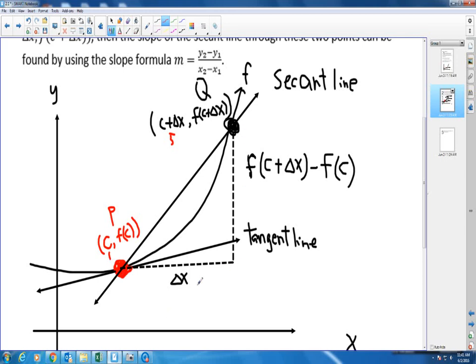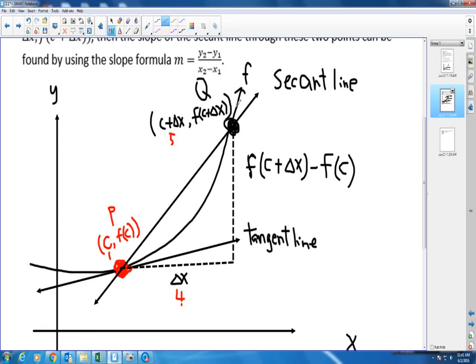We have to take 1 plus the difference, which is the 4. That's why this x value for the other point comes from the original x value plus the change in displacement, the horizontal distance. Once we establish the x value for the point Q, whatever that is, we substitute it into the function to get a y value.